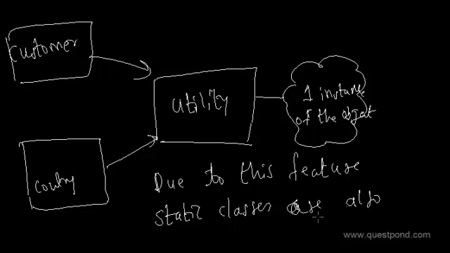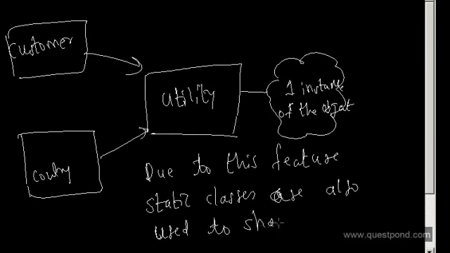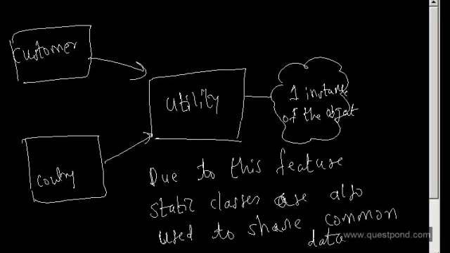So you can make a class static and make the variables static, and only one instance of the object will be created in memory, and thus all the forms can share the common data. So the instantiation problem is solved by creating only one instance of the object. Always remember that static classes have only one instance of the object created in memory.